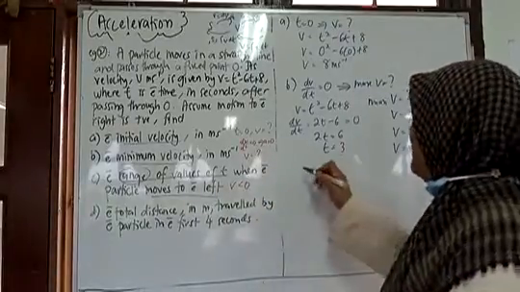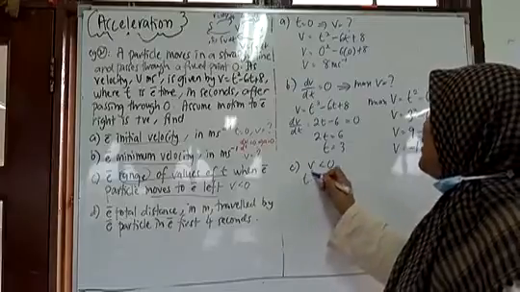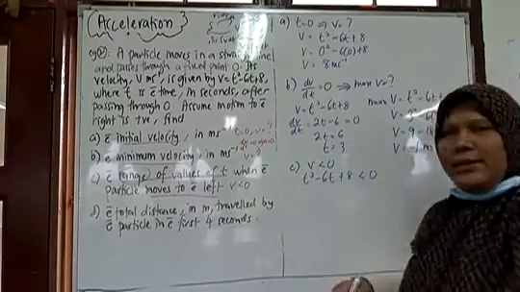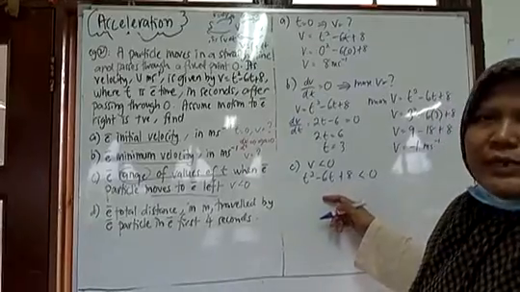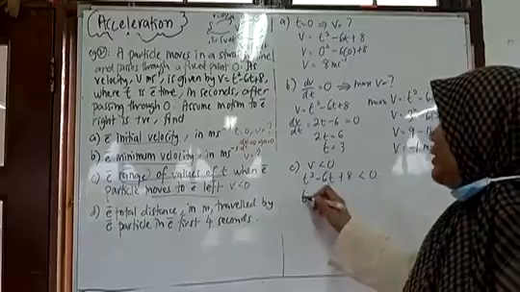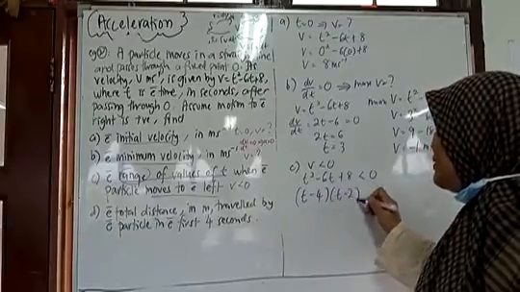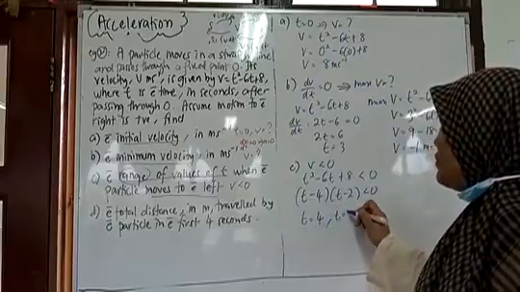So t² − 6t + 8 must be less than 0. From here, you need to find the roots of t. So it must be (t − 4)(t − 2), so t equals 4 and t equals 2.